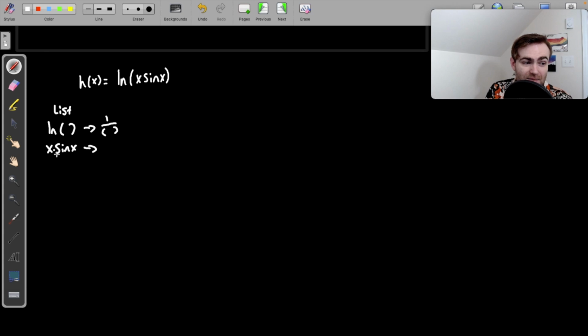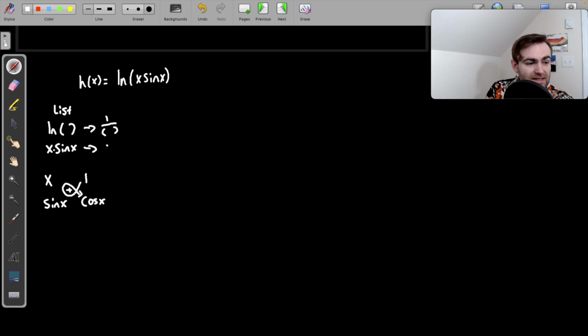It's very sneaky sometimes, and so we have to use the actual rule. My kiddos like to set up fishes, so that's what we're going to do. We have x for one function, and we have sine of x for the other. The derivative of x is 1. The derivative of sine x is cosine x. And we'll set up our fish.